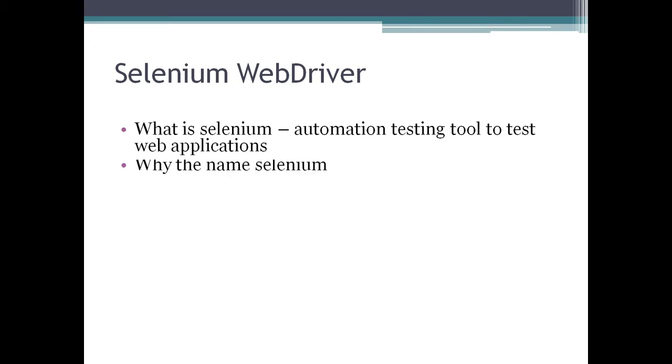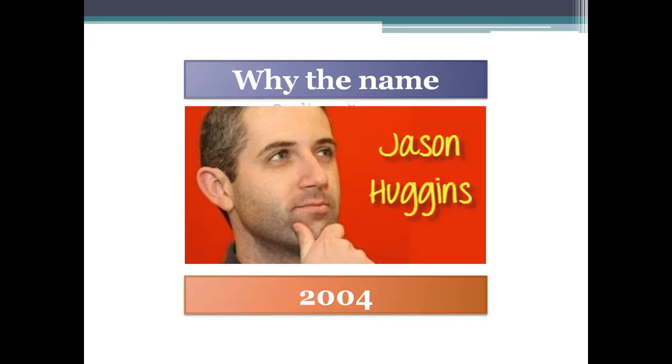Okay. So before that, we will start with some stories. Every software name has some story, right? So why the name Selenium? Selenium also has a story. Selenium was invented by this person. His name is Jason Huggins, in 2004.